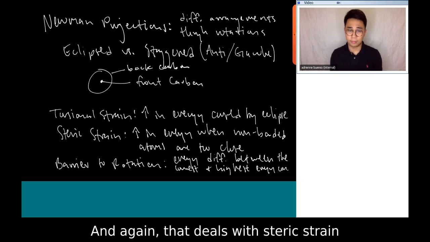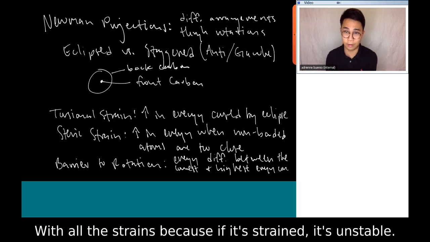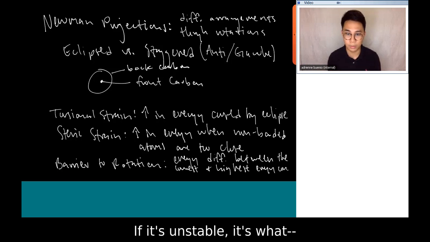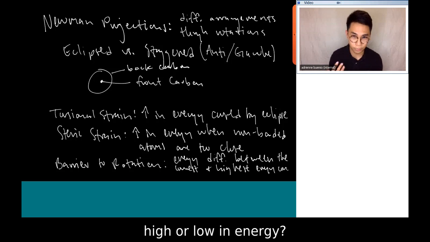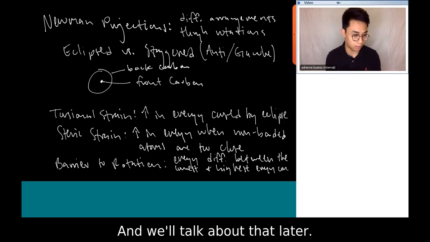And again, that deals with steric strain and all the strains really. That deals with all the strains because we know if it's strained, it's unstable. If it's unstable, is it high or low in energy? High energy, right? So things like that. Stability, all that. And we'll talk about that later.